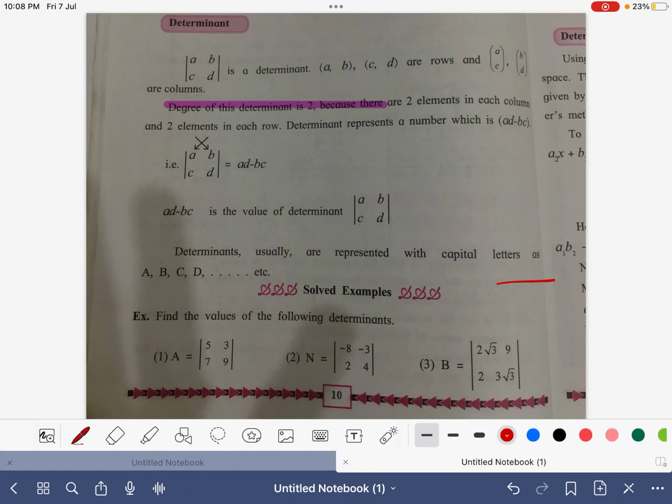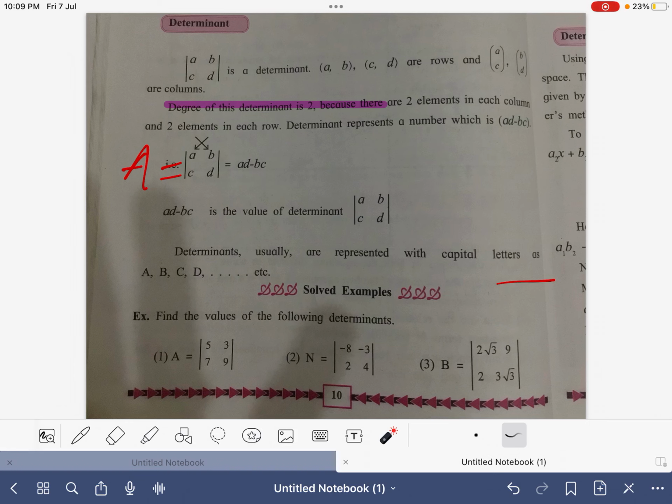Clear? Suppose, take an example, capital A is the determinant which is given to you, and A is nothing but a, b, c and d. These are the four values given to you. Always keep in mind, we have to cross multiply.